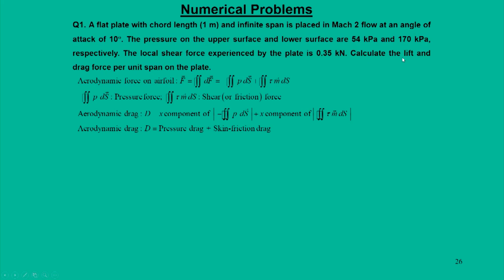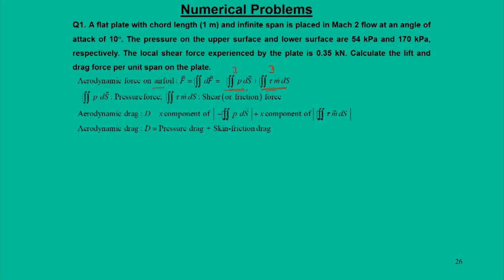We need to find the lift and drag force per unit span. To solve the problem, please recall that the aerodynamic force on an airfoil consists of two parts: one is the pressure force and the other is the shear force. I call these term 1 and term 2.